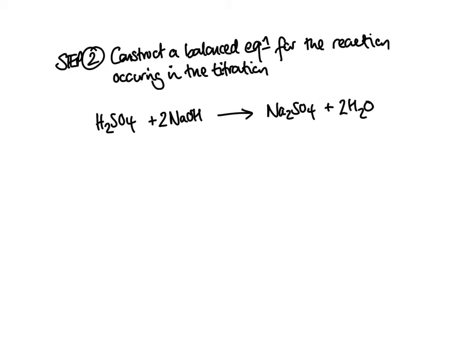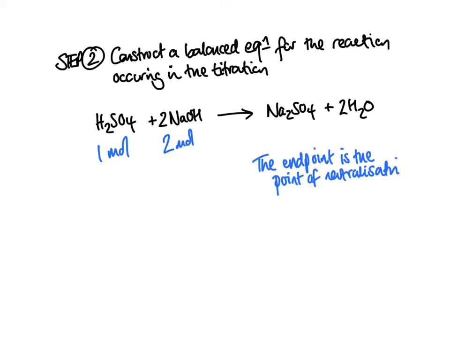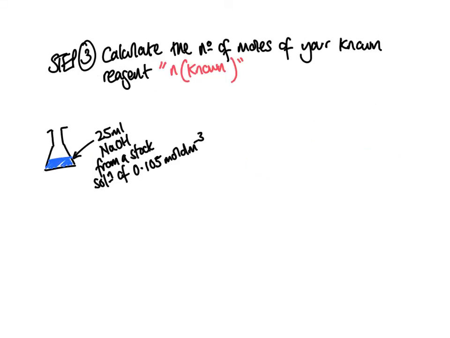The important relationship here is that for every 1 mole of sulfuric acid, we are going to be reacting it with 2 moles of sodium hydroxide in order to cause neutralization, because this is basically what is happening at the end point to show the colour change.